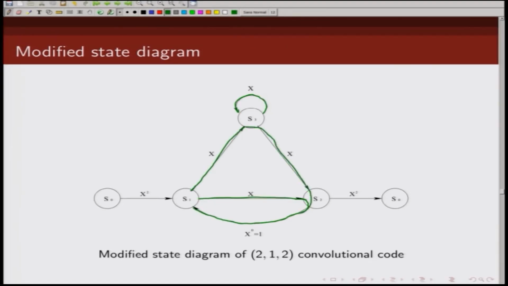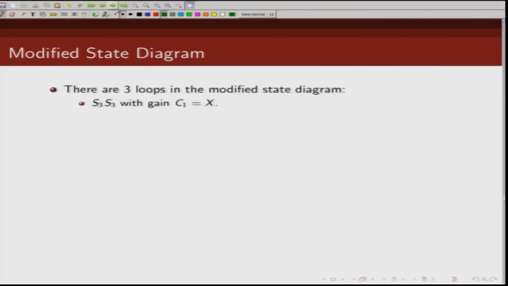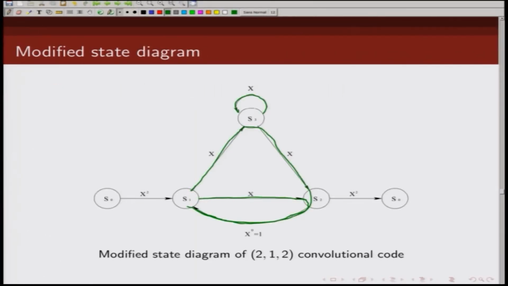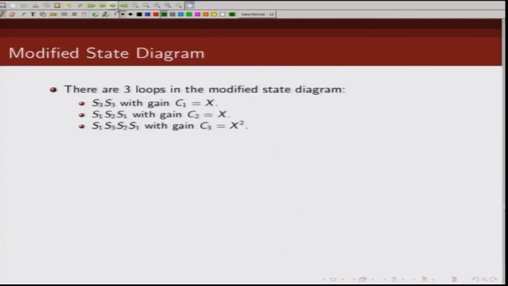So, there are 3 loops here, and that is what I am denoting it by S3 whose gain is x, next one is S1 S2 S1, S1 S2 S1 is this one, okay, and the third loop is given by this. So, these are the 3 loops, and corresponding to these 3 loops, these are the gains.